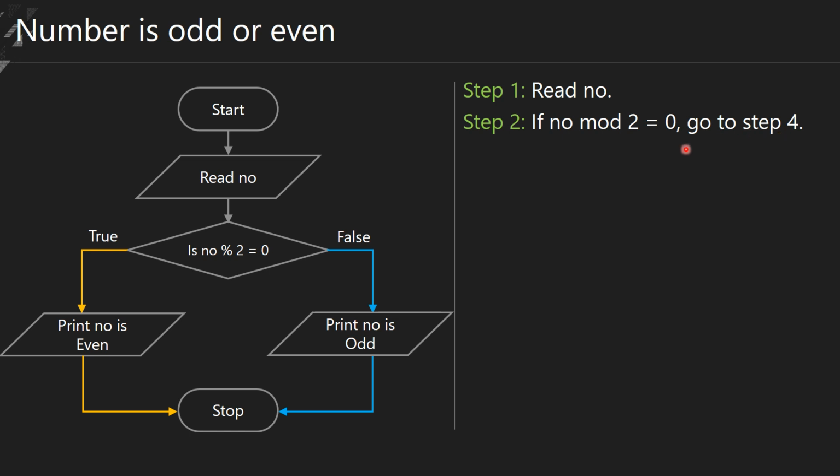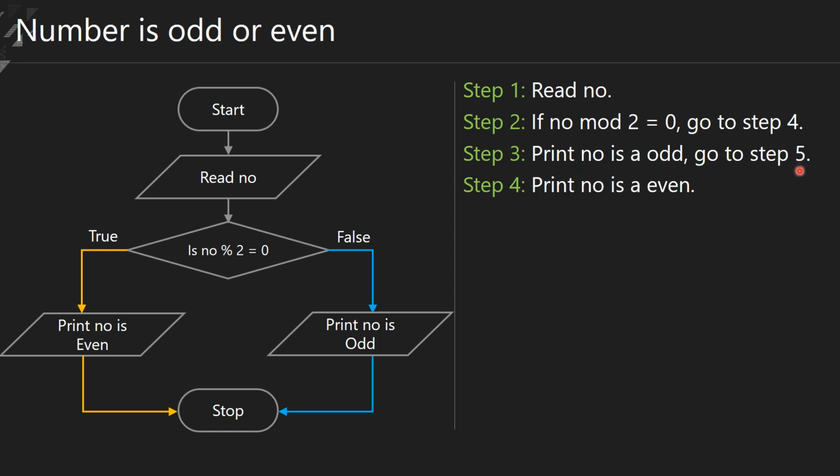Step 4 is nothing but to print the number is even. Otherwise, print the number is odd, go to step 5. Step 5 means you have to stop it. So I hope you understand this problem as well.